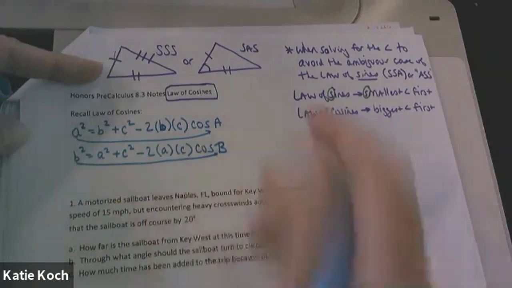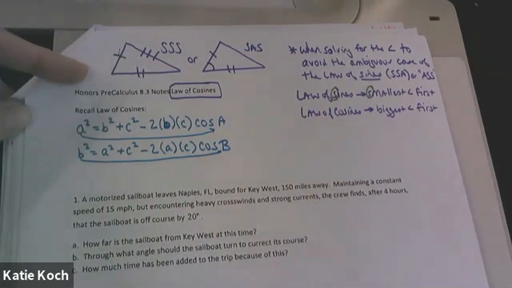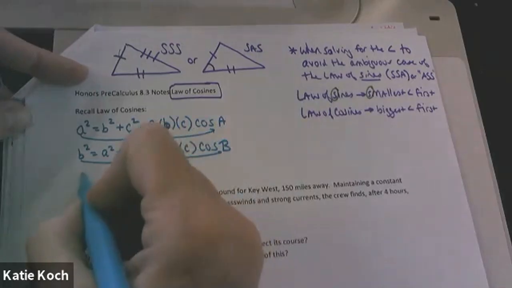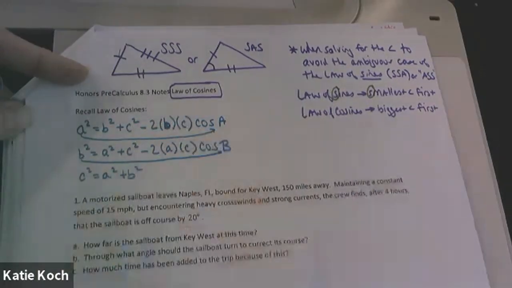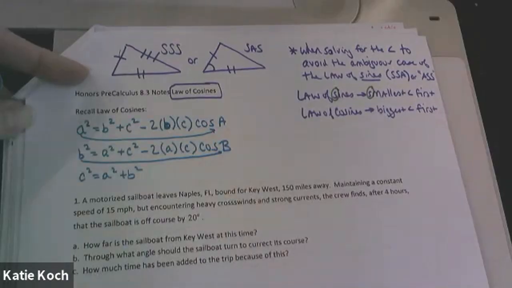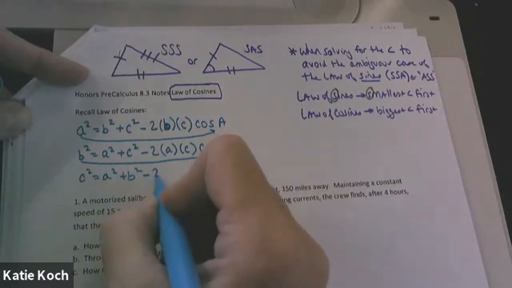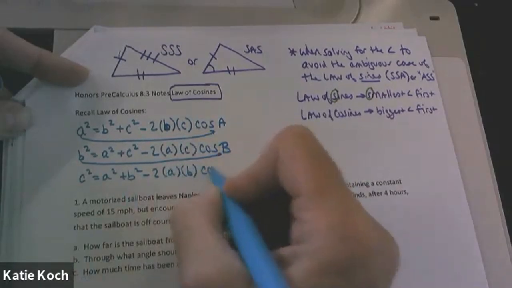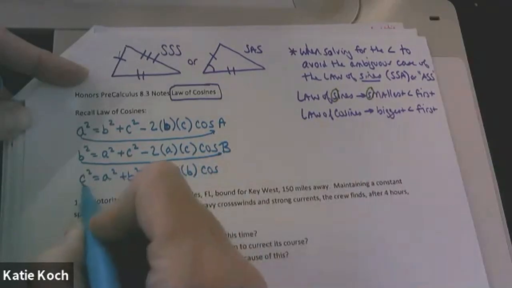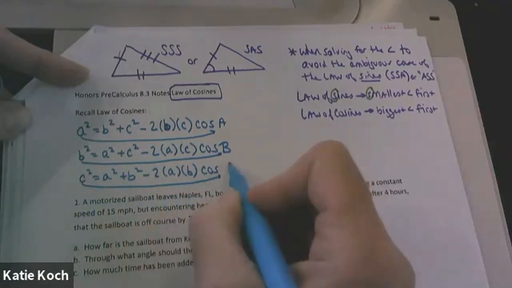So that would be B. Or can you envision the third one? Same idea, right? So this time it's c squared equals a squared plus b squared. Looks like the Pythagorean theorem exactly. But this time minus 2 times a times b times the cosine of the angle across from the side I started from, which is C.